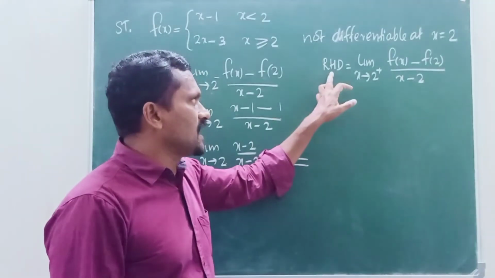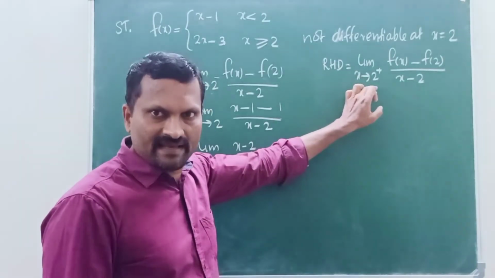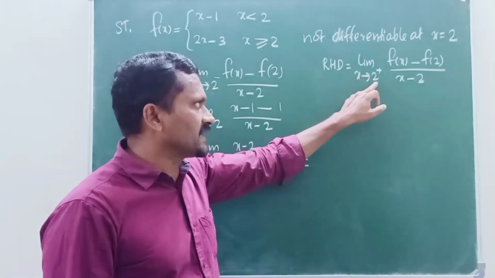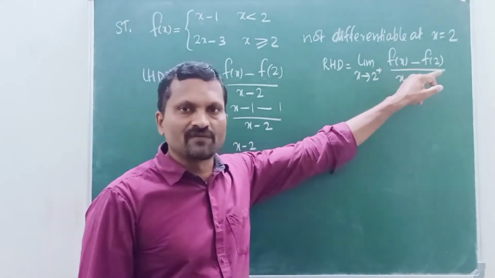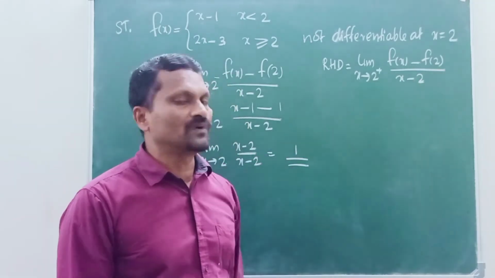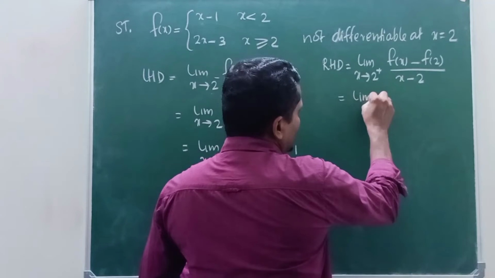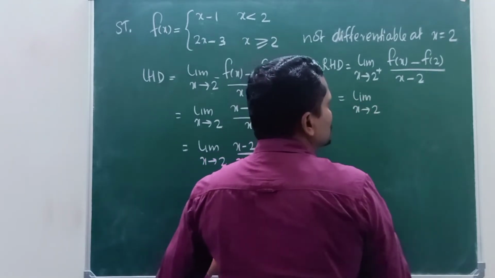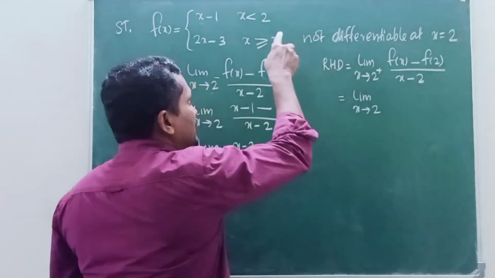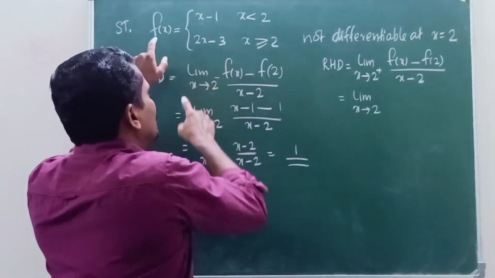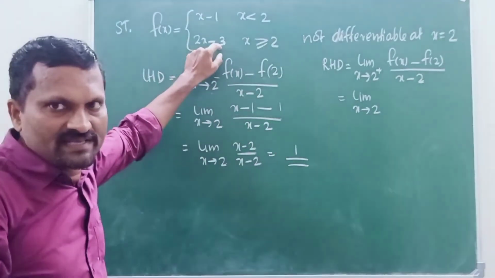We find right hand derivative at x is equal to 2. By formula it is limit x tends to 2 plus, f of x minus f of 2 divided by x minus 2. 2 plus implies x greater than 2. When x greater than 2, f of x is 2x minus 3.